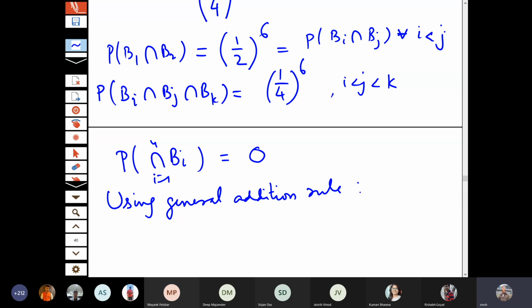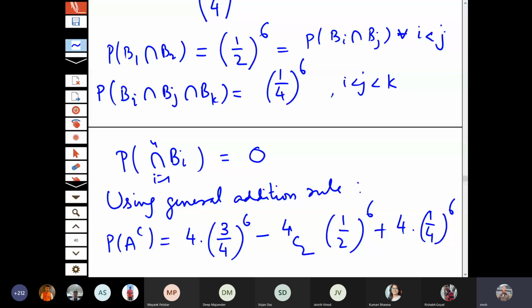probability of A complement will be 4 times 3 by 4 to the power 6 minus 4C2 times half to the power 6, that is 6 times, plus 4 times 1 by 4 to the power 6.